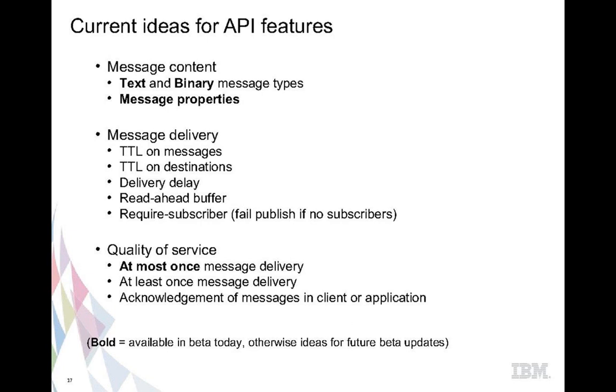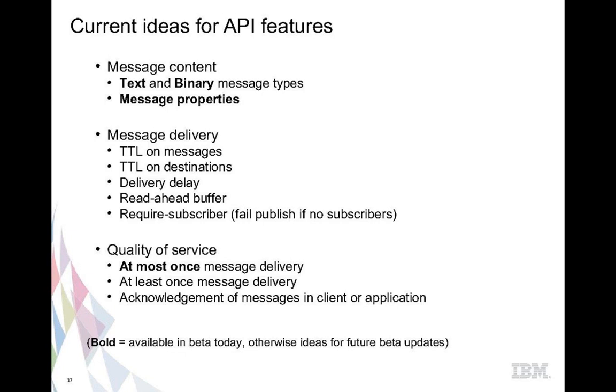Some of the other things that we have as ideas or in plan for future updates are on message delivery: time to live of the messages, and the read ahead buffer, require subscribers. So if there are no subscribers registered for a particular topic, however many messages the publisher sends will all be discarded as there are no subscribers.